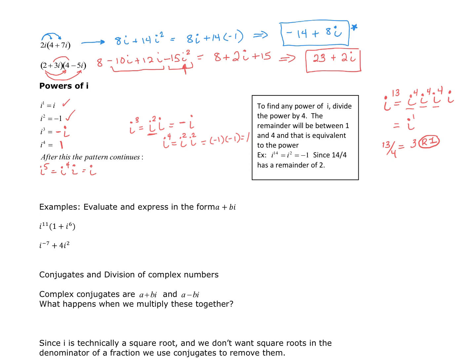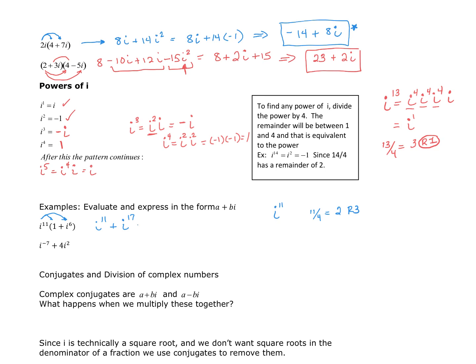So let's see if we can evaluate these here. First, I'm going to distribute i to the 11th plus i to the 17th. We're using the rule that when you multiply the same base, you add the exponents. And then I'll take my i to the 11th and say, well, 11 divided by 4 is 2. That gives me 8 with a remainder of 3.